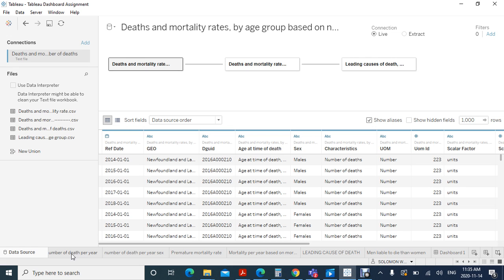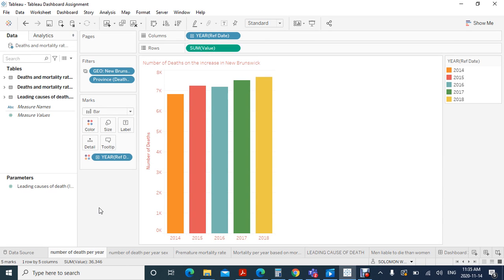So now let's start. For us to be able to know what is the health of the population in New Brunswick, I had to do this to show what is the status of death in New Brunswick for each and every year. Is it increasing or is it decreasing?